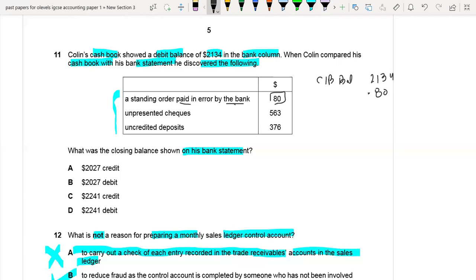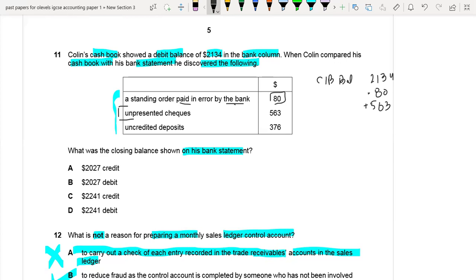Unpresented cheques, which is 536. We know that unpresented cheques are not included in the bank statement, because unpresented cheques means that your supplier didn't present them at the bank. So it means that this 536 is not taken out from the bank. So that's why we have to add it, because we are trying to find out the bank statement balance.